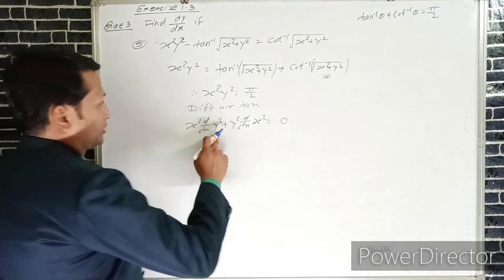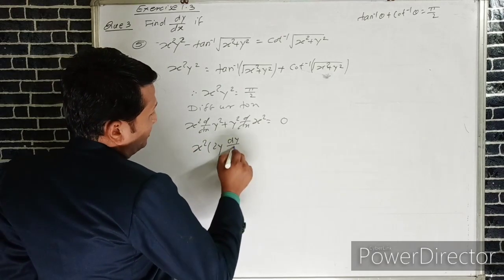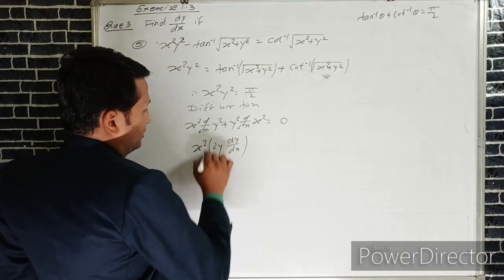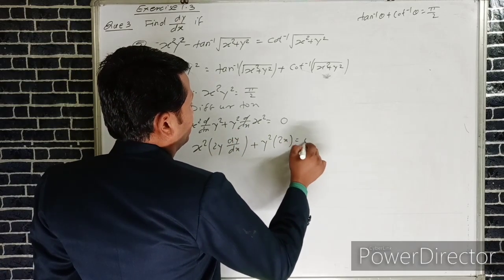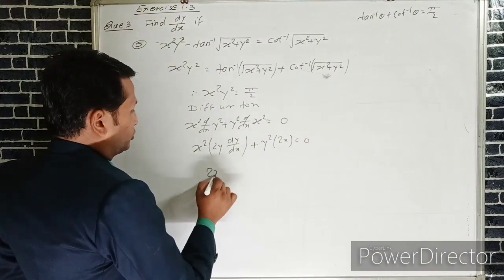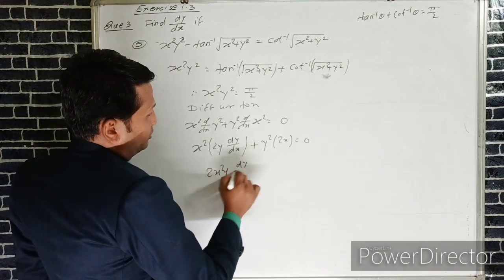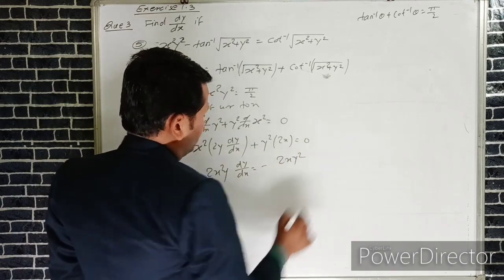Now the derivative of y square is 2y, so we can write x square into 2y into dy by dx. Again we can write y square into the derivative of x square, which is 2x, is equal to 0. If we shift this term to the right side, we can write 2x square y into dy by dx is equal to minus 2xy square.